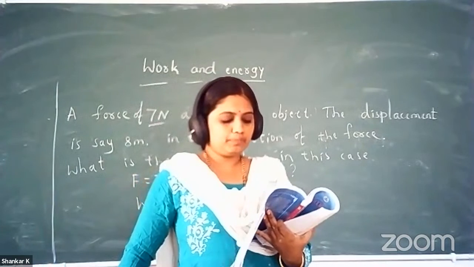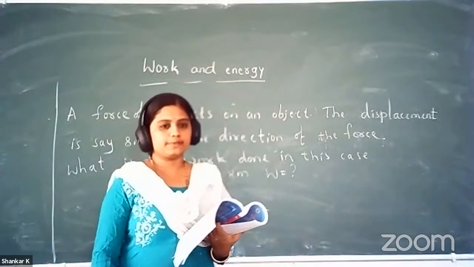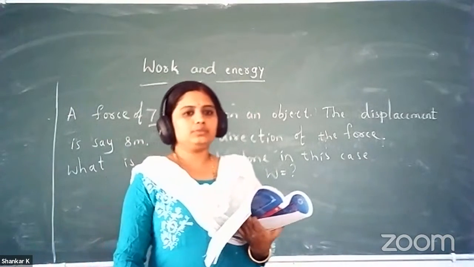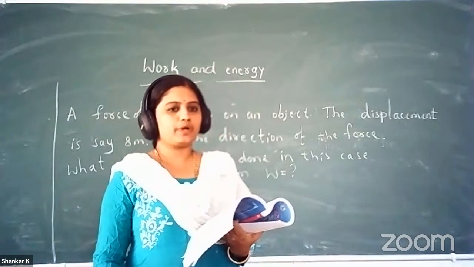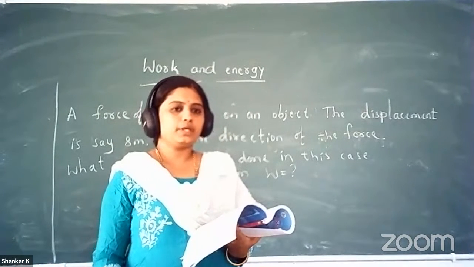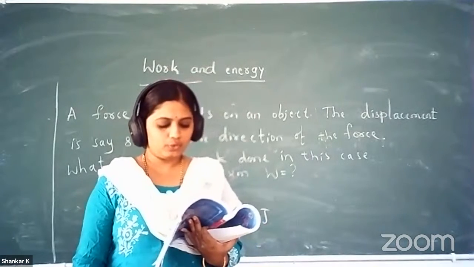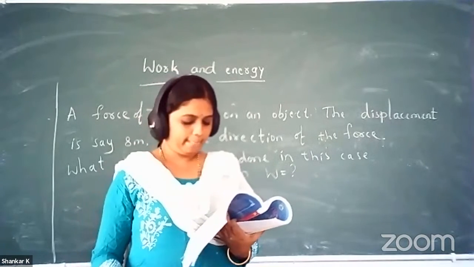The field being ploughed is 15 meter long. How much work is done? The same formula we have to use to find the answer. W is equal to F into S. Here also we can do it: 140 Newton into 15 meters.